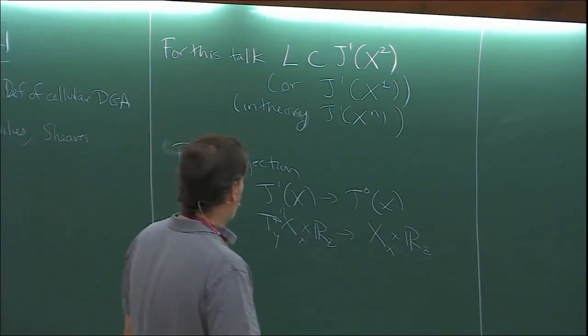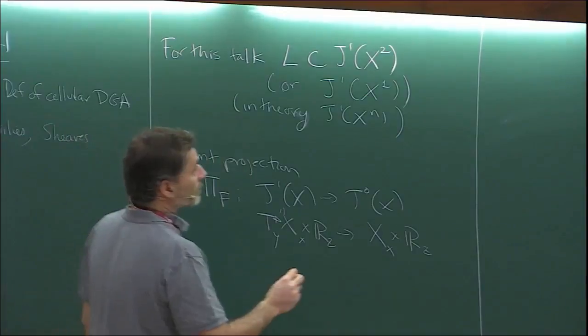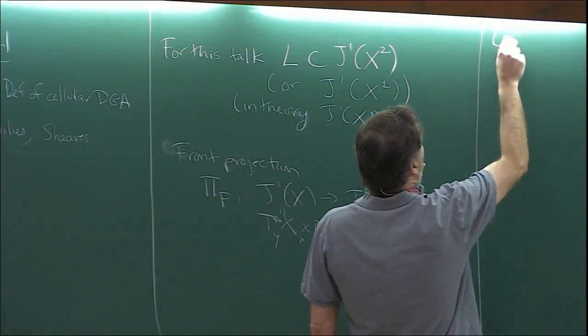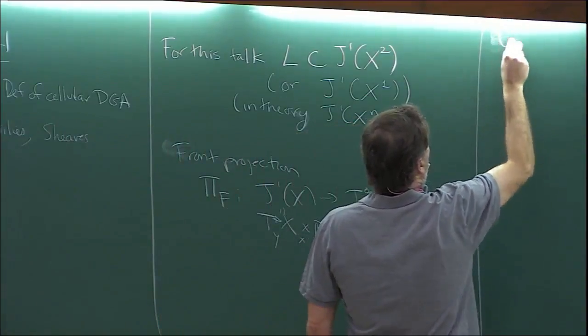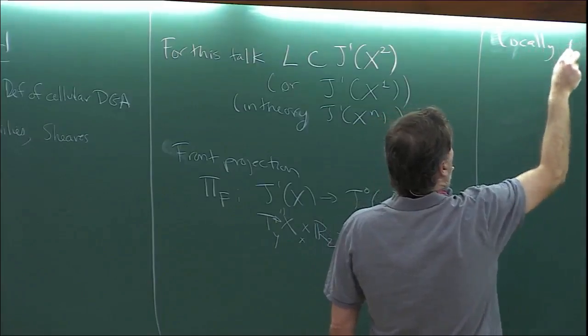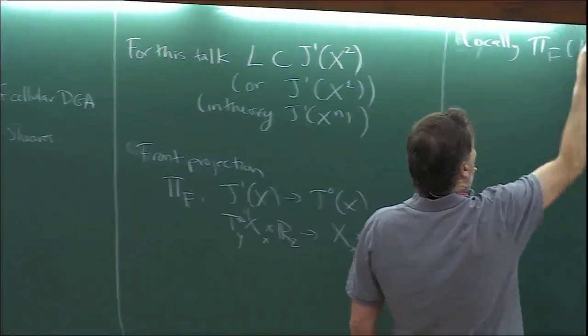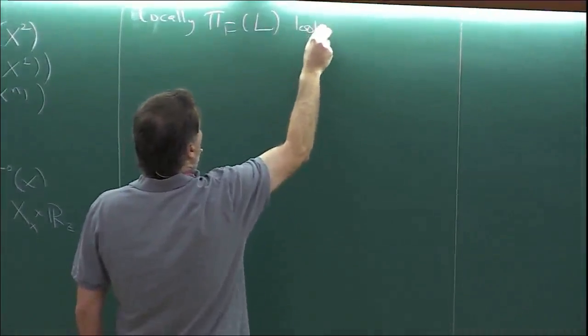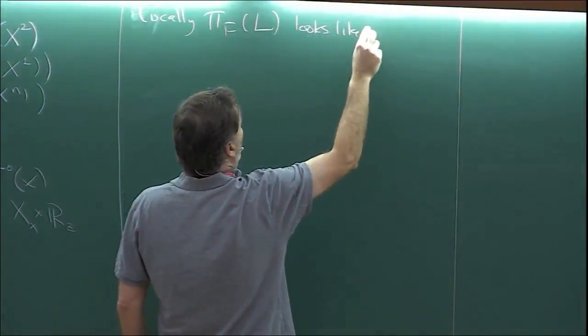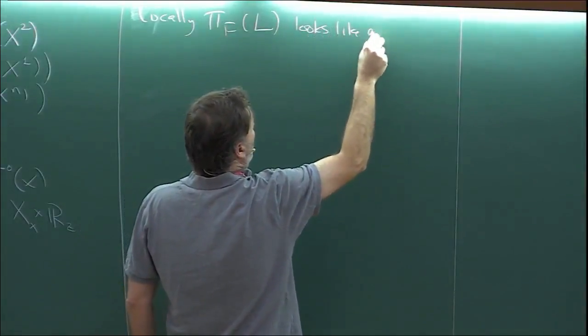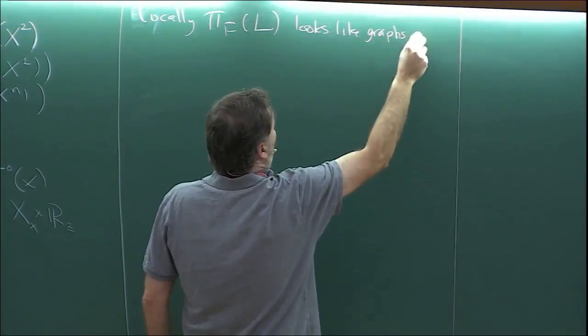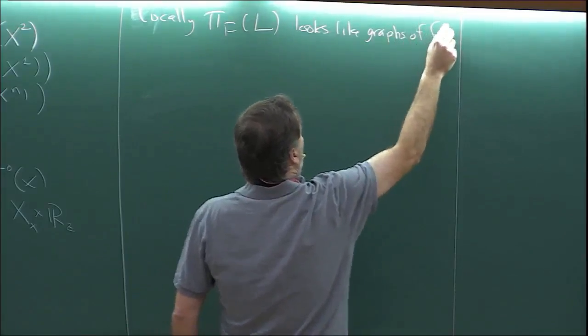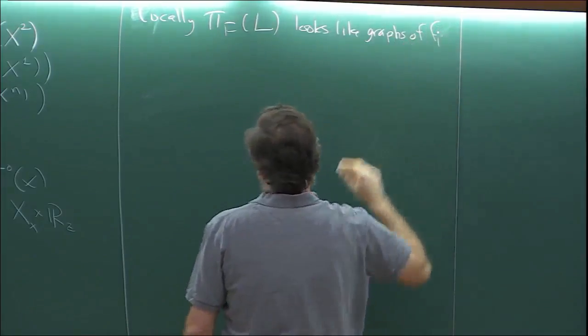In this front projection, locally, pi_f of L looks like some kind of multigraph, graphs of f_i, real-valued functions.